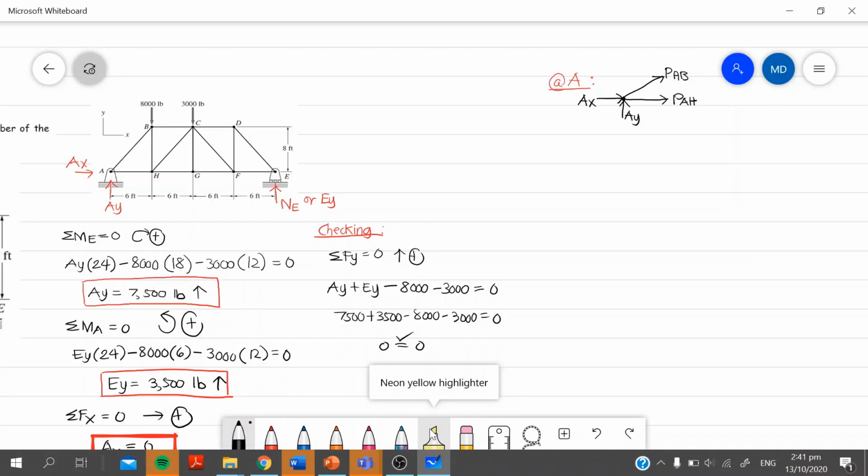So, unahin natin sum of forces vertical. Assume upward is positive. So, AY plus vertical component ng AB. Don't forget, ang slope nito, 8, 6, 10.